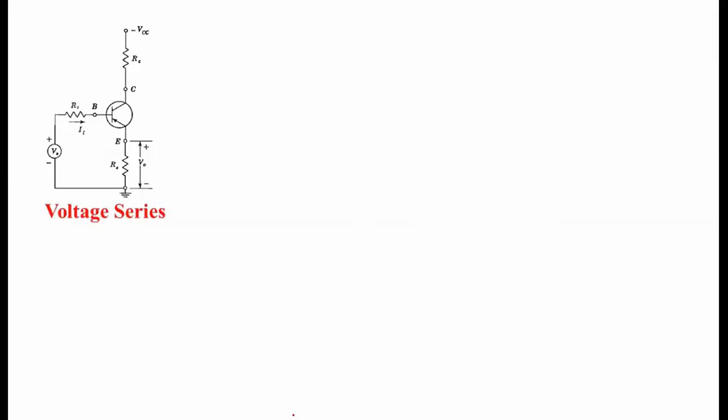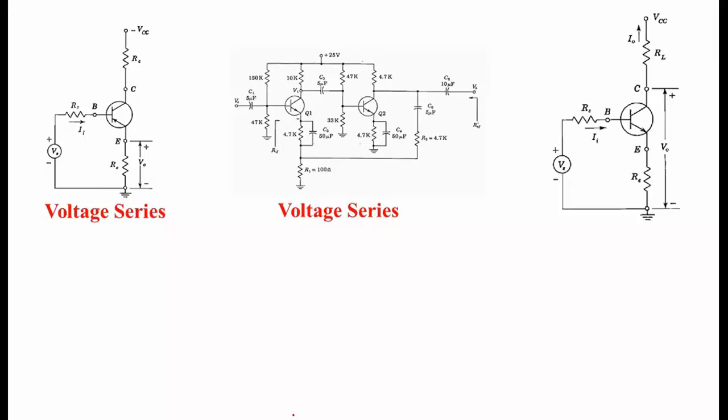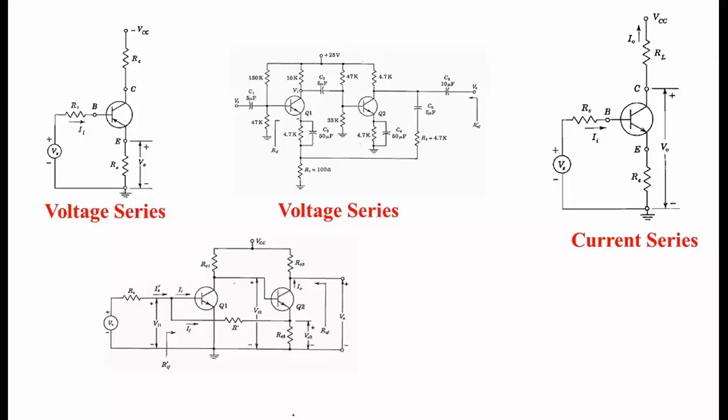Let's revise all the circuits. The first practical circuit is this, and we observed that this is a voltage series kind of circuit. The second example is this transistor pair circuit, and this is also a voltage series kind of circuit. The third circuit is this common emitter circuit, and we observed this is the current series kind of topology.